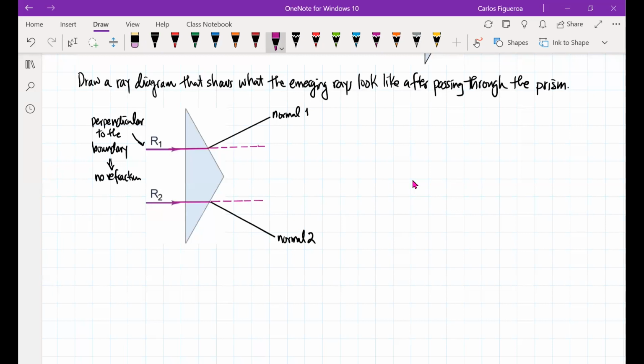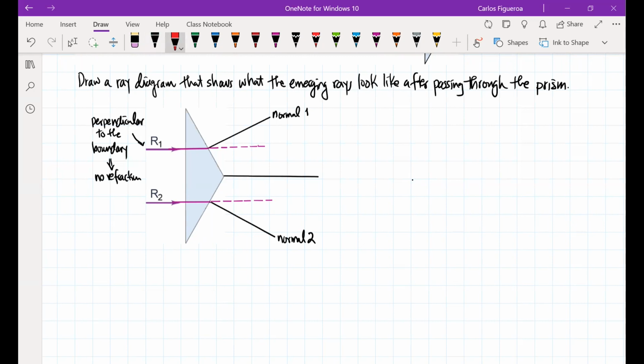Now, as a reference point, I'm going to draw a line in the middle. In order to talk about the light ray I'm looking at, it's going to be referenced to something like that. So now look what happens.